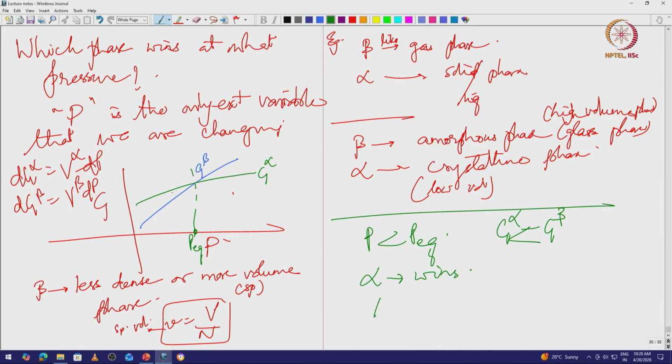And then we said that delta G, which is equal to G alpha minus G beta, right, that is this value, right.